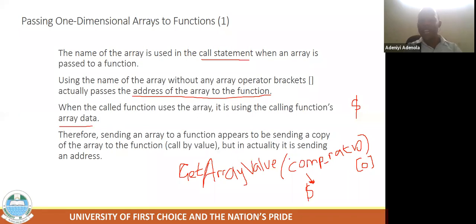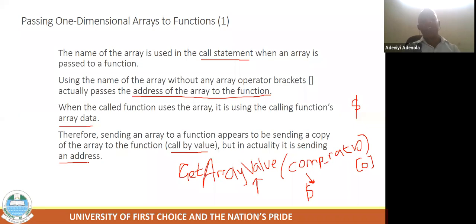As you're passing the address to that function, any value you input in the function header line and body, you are actually sending the value directly to the calling function's array. So sending an array to a function appears to be sending a copy of the array, that is to say call by value. But in actuality, it is sending an address.